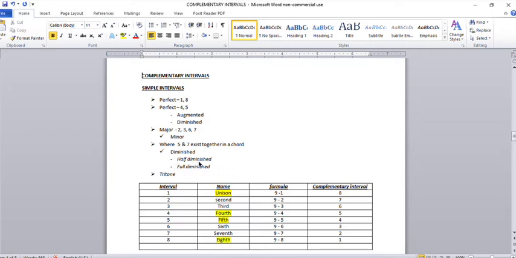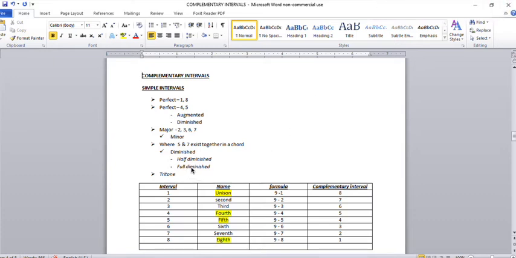Let's go to this term here, which is called tritone. A tritone is a situation where you have three consecutive tones. So in a diatonic scale, for example, in the Ionian mode, or the first mode of the major scale, you actually have a tritone between 4 and 7.